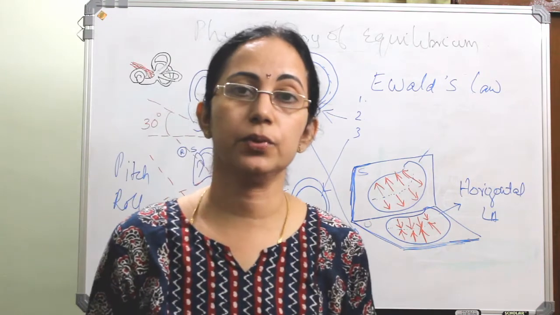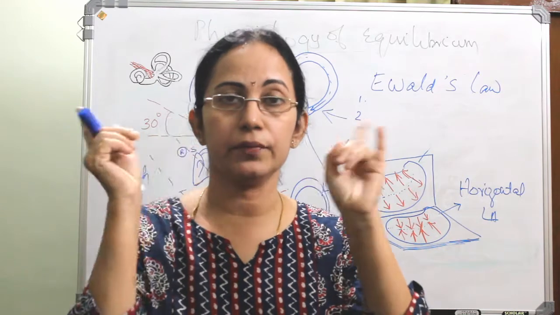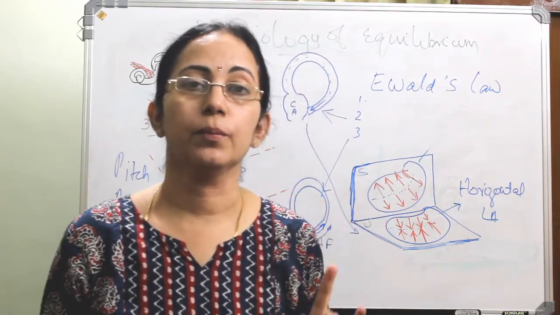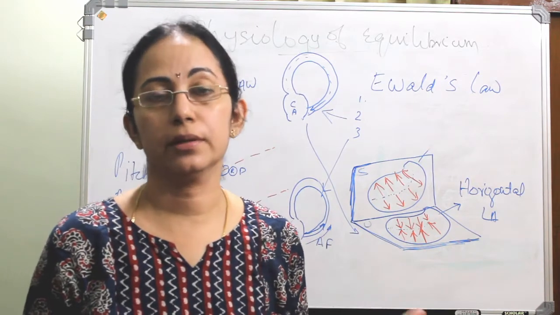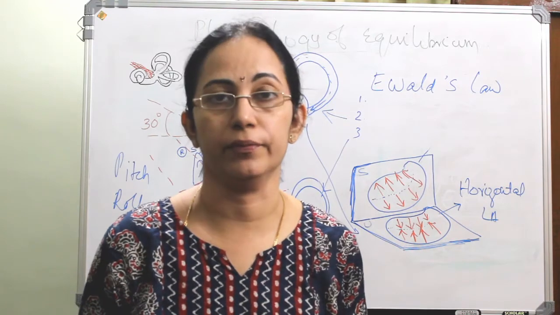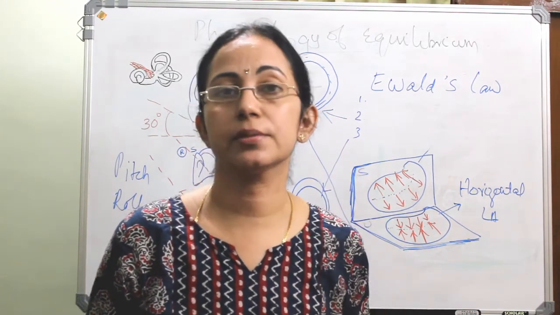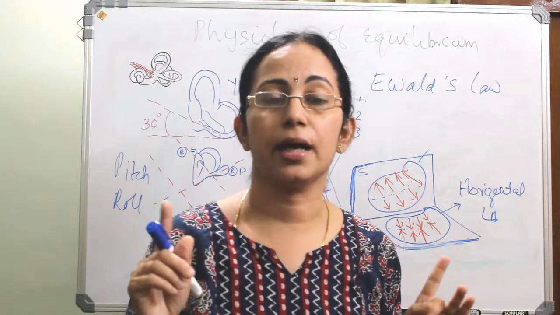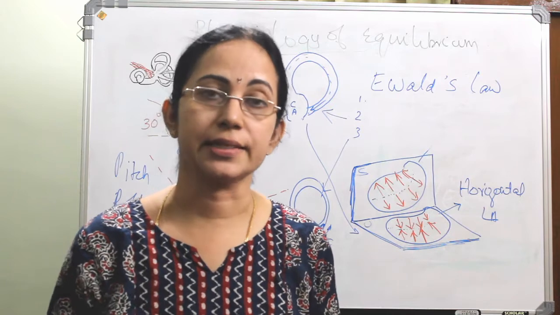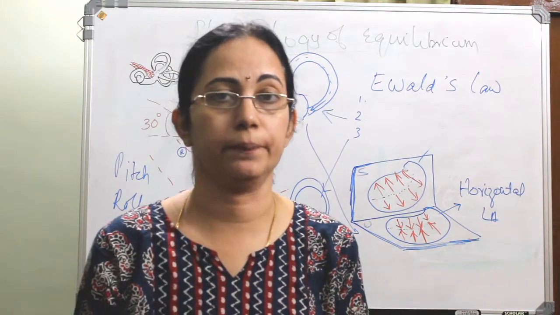I'll repeat once more. Ewald's law 1 states that the movement of the head and the eye is determined by the stimulation of the concerned semicircular canal and also by the flow of endolymph. Number 2, in the horizontal semicircular canal, it is the ampullopetal flow that causes more excitation than an ampullofugal. Ampullopetal means towards the ampulla, right?